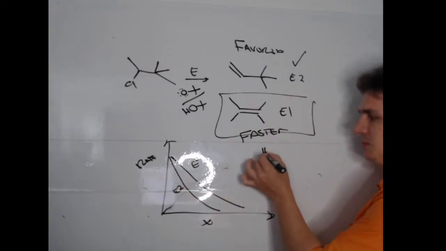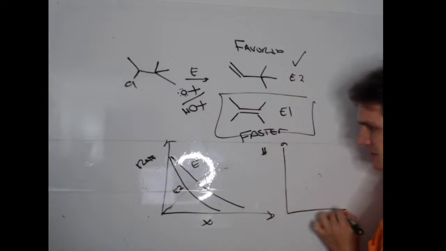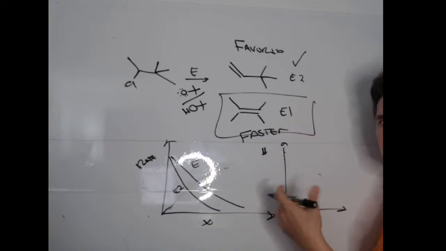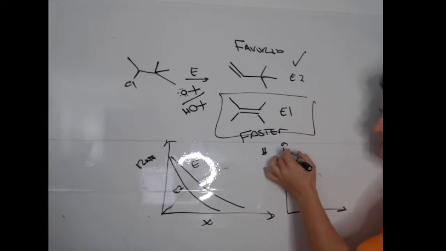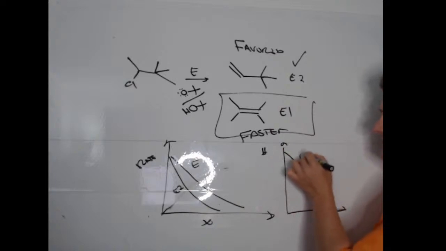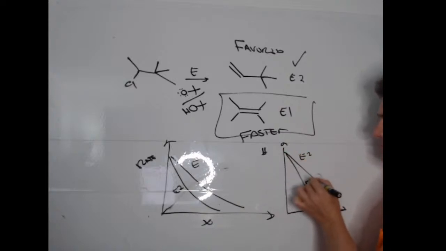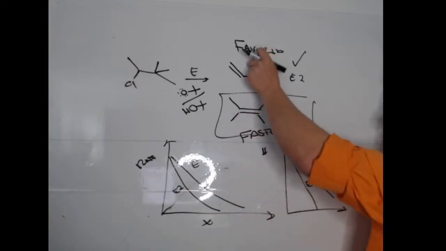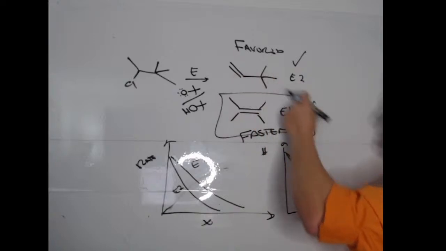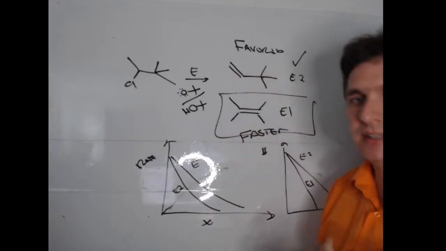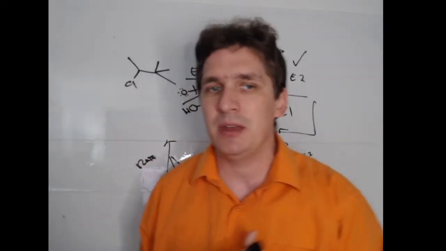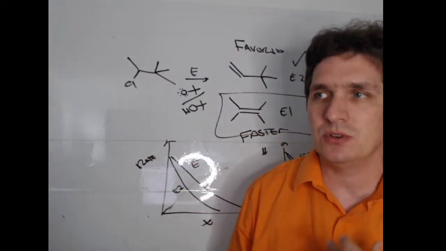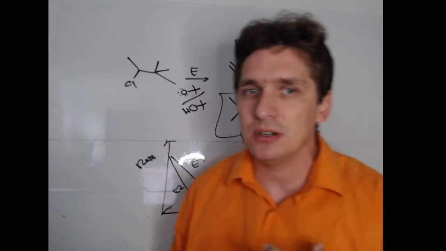But if we look at the number of times it happens, the number of E2 eliminations will be higher than E1. So E2 is the more favored reaction, but because E1 happens so much faster, you can get this false positive where it looks like the E1 pathway was favored, but it wasn't. It's just that because the E1 goes so fast, it's more likely to occur.